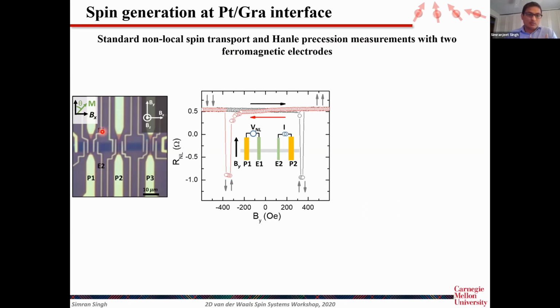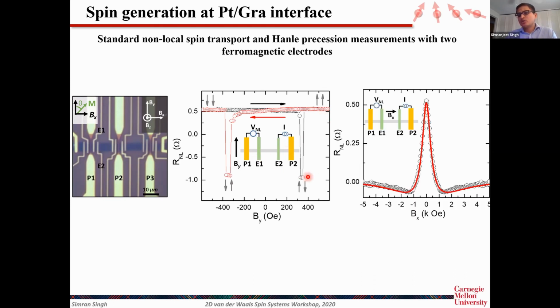We use E1 and say E2, apply current and then measure a non-local voltage signal, and we see a clear signature of MR, which tells you that you have non-local spin transport in graphene.